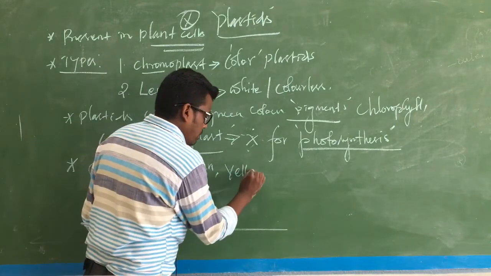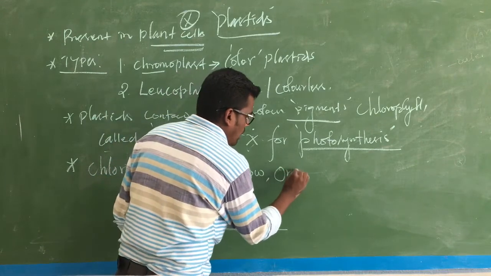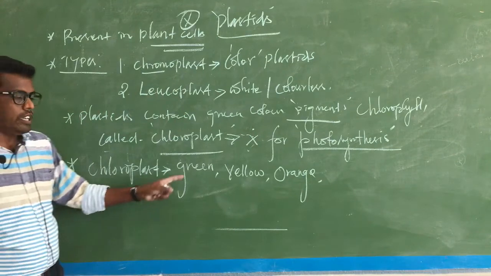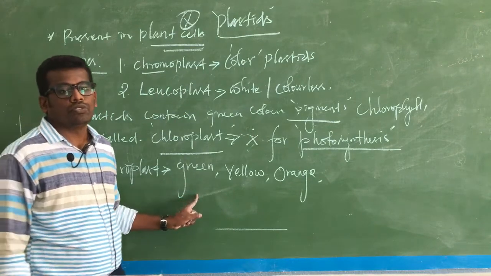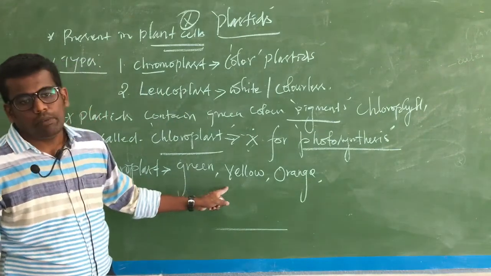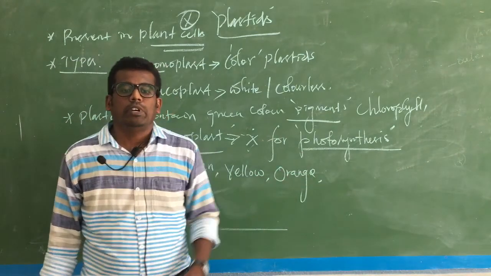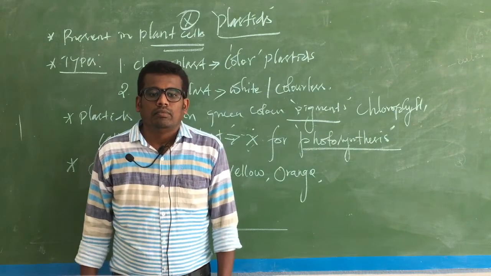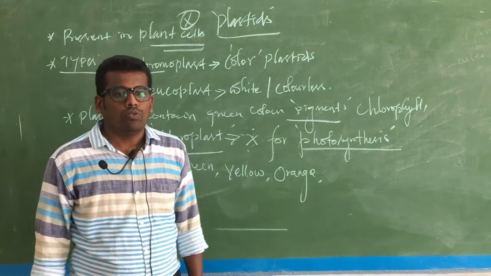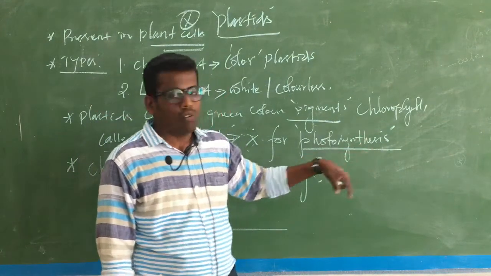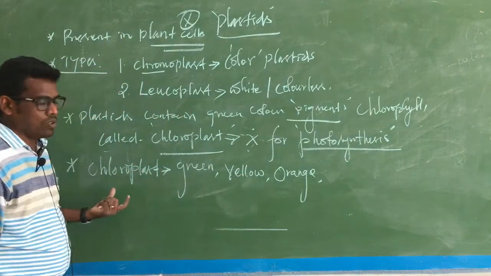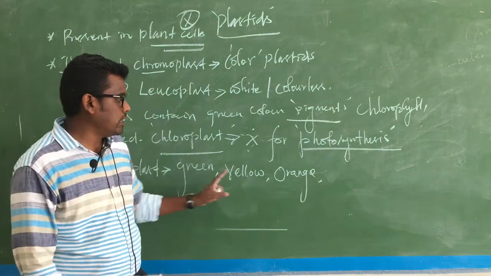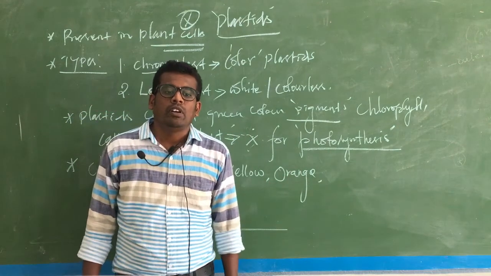Yellow colored pigments and orange colored pigments are present, in addition to the chlorophyll. Green is present in the largest amount.